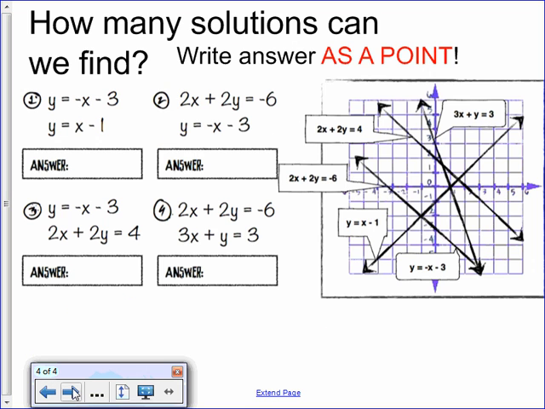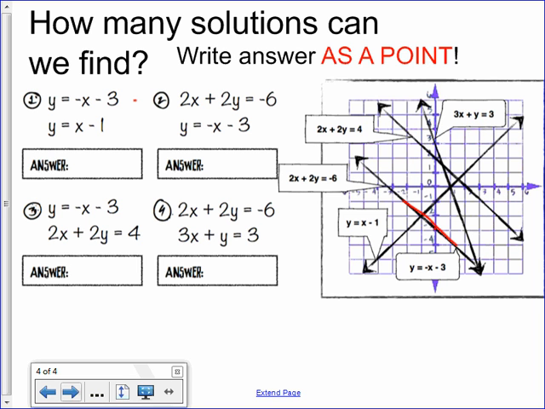So as we bring to a close this video, let's look at a couple of equations here and let's see if you can find your answer. I will do the first one with you and the remainder of the worksheet is yours to do alone. Find the equation y equals the opposite of x minus 3. Look for the y-intercept. The y-intercept is negative 3. It's right here. So it's this line.